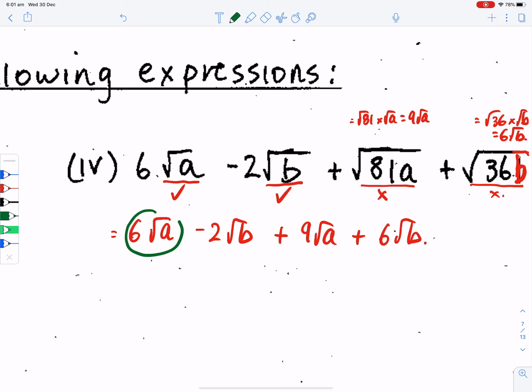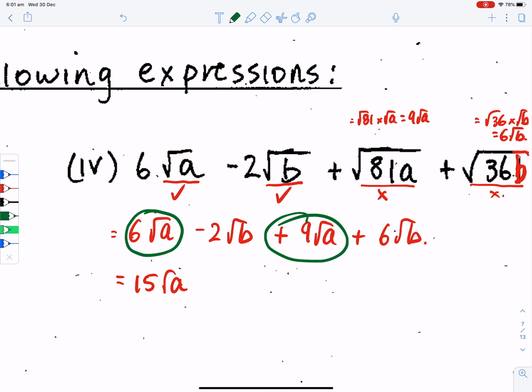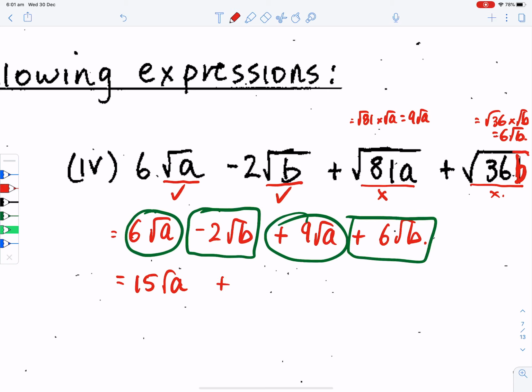Now collecting like surds, 6 root a plus 9 root a is 15 root a, and minus 2 root b plus 6 root b is plus 4 root b, and that's complete.